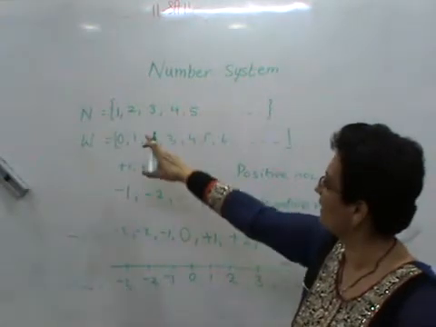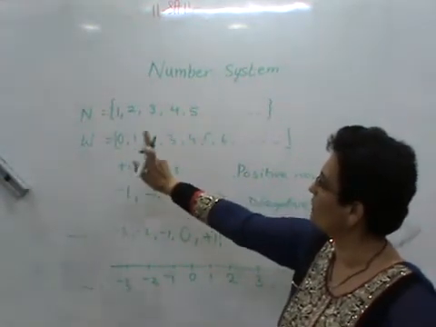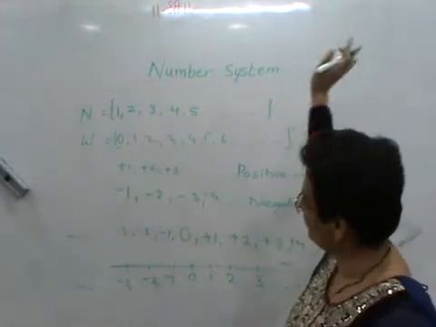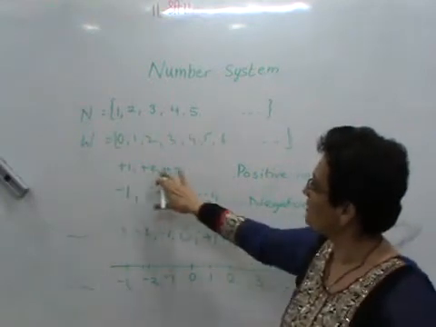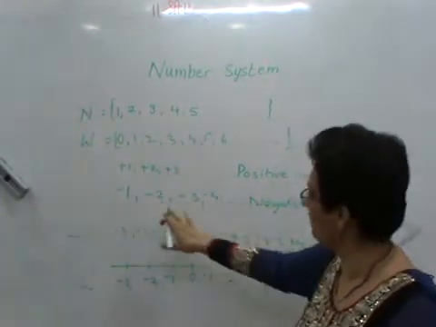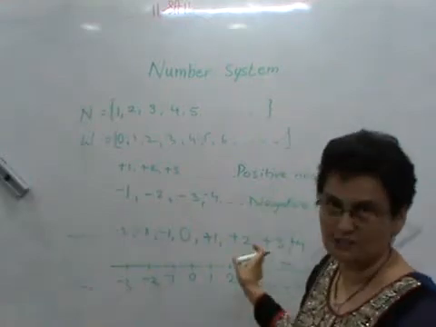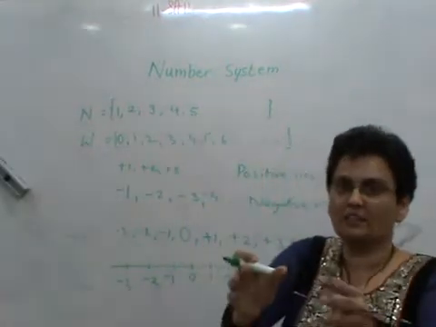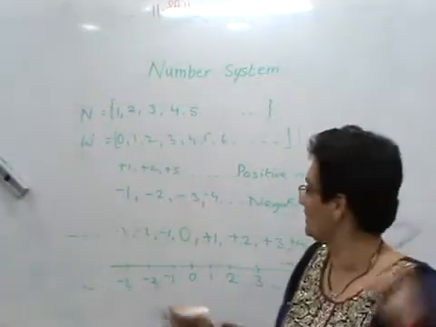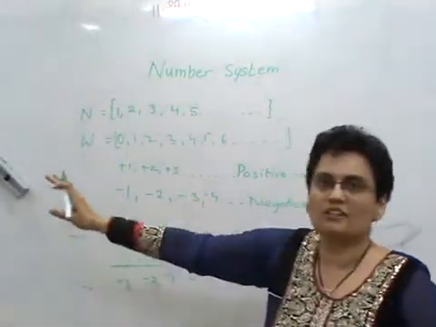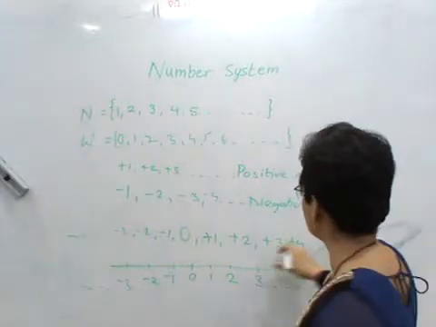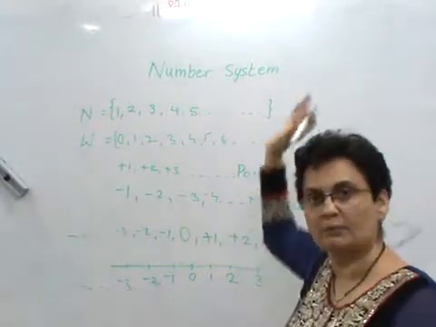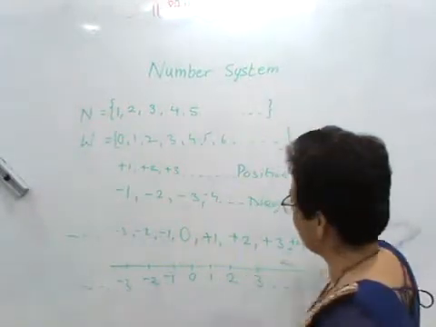Natural numbers start from 1, whole numbers start from 0 till infinity. Plus 1, plus 2, plus 3 are positive numbers. Minus 1, minus 2, minus 3, minus 4 are negative numbers. Roughly 0 is in the middle. Left hand side, minus 1, minus 2, minus 3 till infinity. Right hand side, plus 1, plus 2, plus 3, plus 4, plus 5 till infinity.